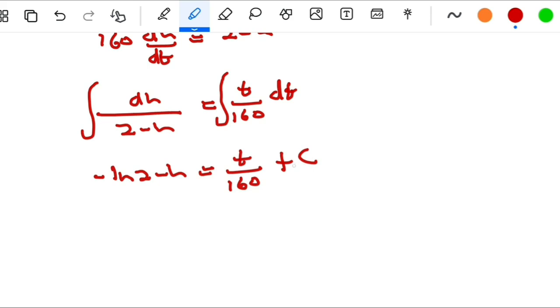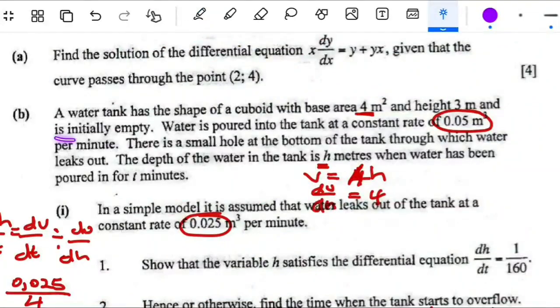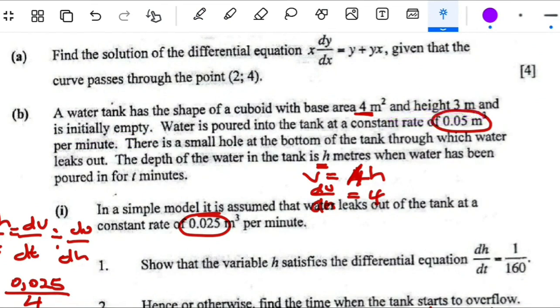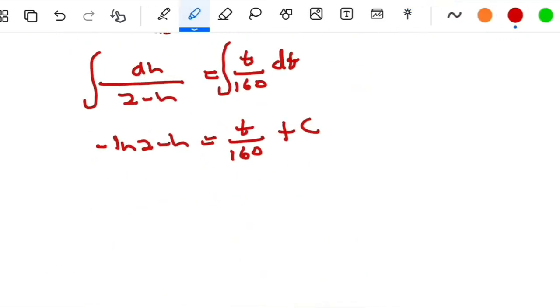Okay, so we are told that initially this tank was empty. So if it is empty, it means that our height is 0. The height of water is 0. So we can find our c.